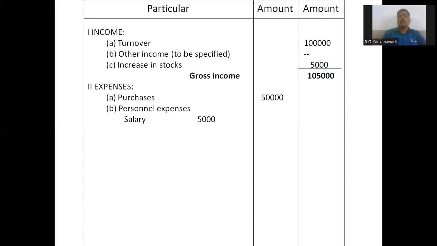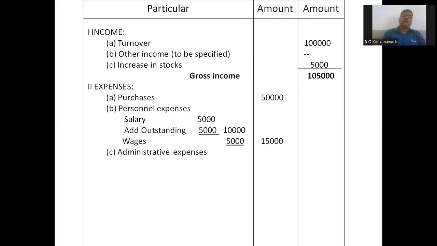First salary is 5,000, add outstanding 5,000. Now the total salary is 10,000. Thereafter you write wages. Wages is 5,000. So the total now is 15,000. 15,000 is called personnel expense. Next item is administrative expense.